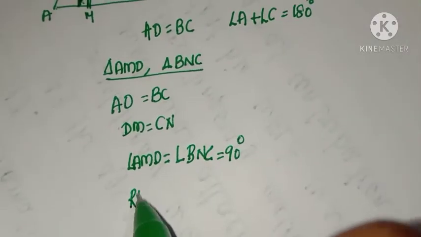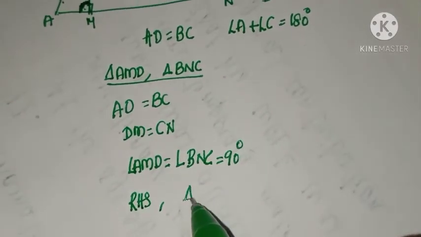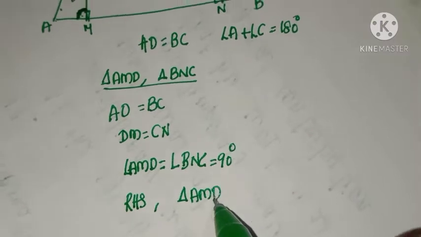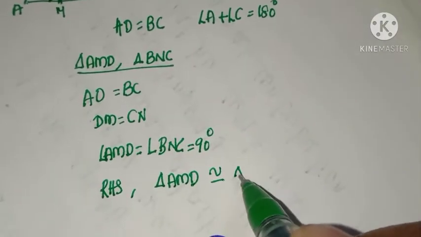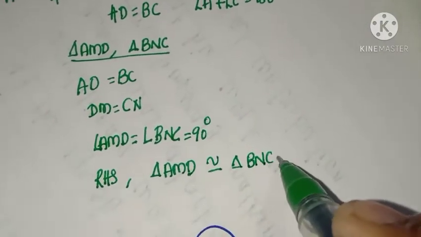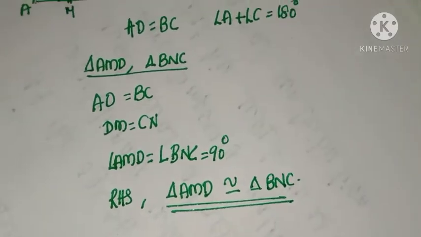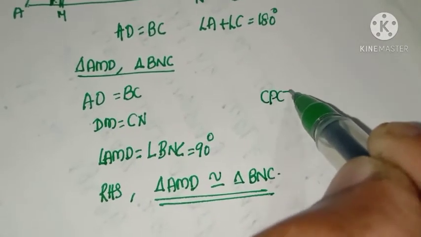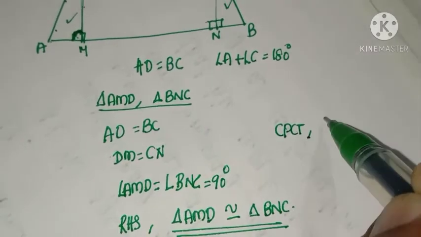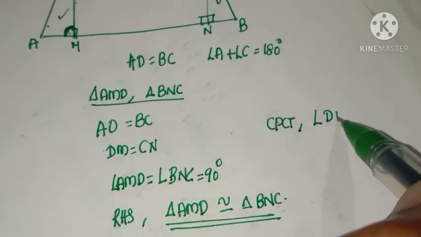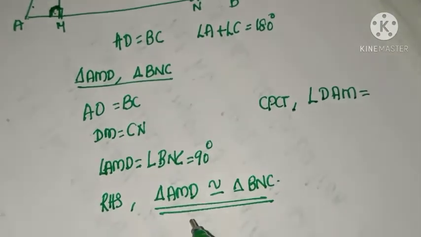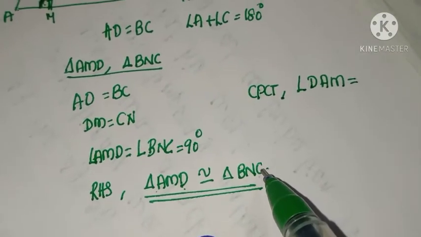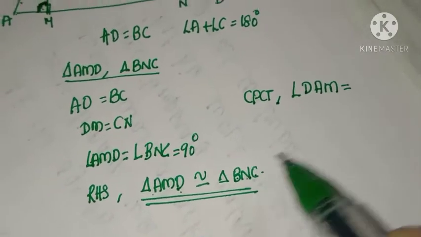So by the RHS congruence rule, triangle AMD and triangle BNC are congruent to each other. Here apply the CPCT rule. By CPCT, we can write, listen, angle DAM is equal to angle CBN.